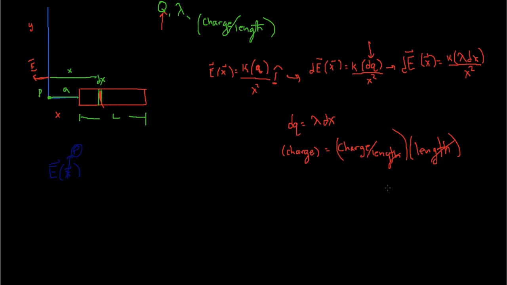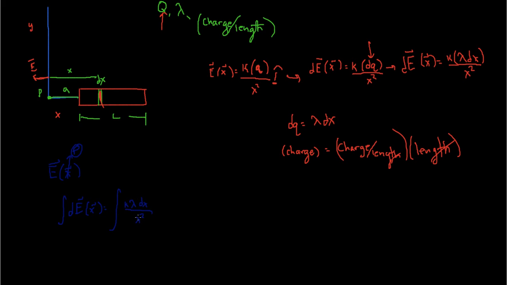So in order to get from dE in the x direction to just E in the x direction, we need to integrate with calculus to sum up all the infinitely small changes in charge and distance. So if we integrate both sides, then the integral of dE vector in the x direction is going to be equal to the integral of k times the linear uniform charge density times dx over x squared.